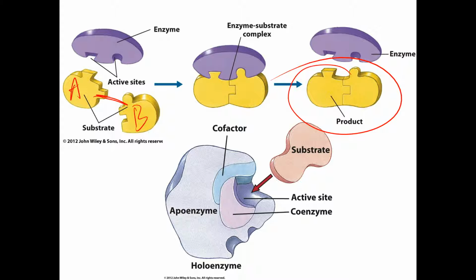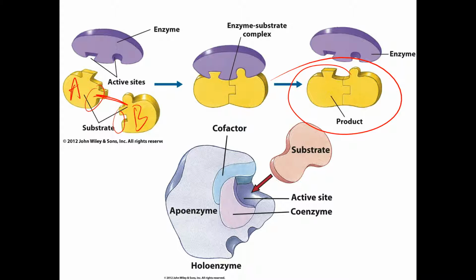So if you're talking about a chemical reaction taking place without an enzyme, you have to wait for reactant A and B to come together and collide in such a way that this part of this substrate and this part of this substrate actually come together.